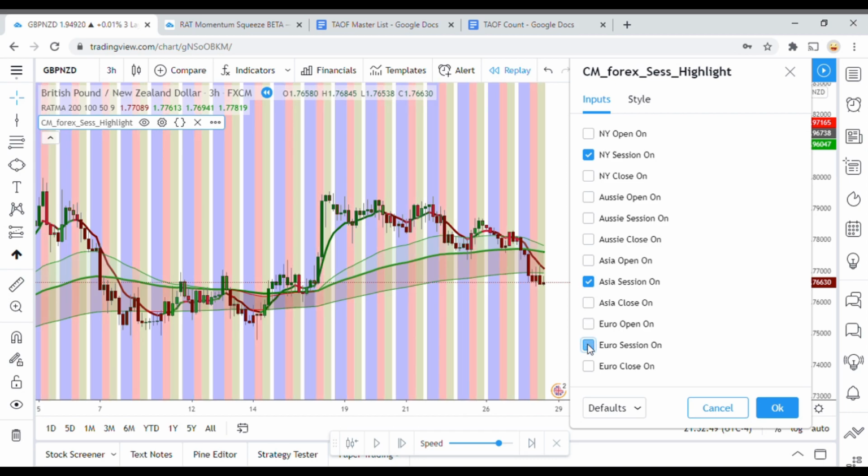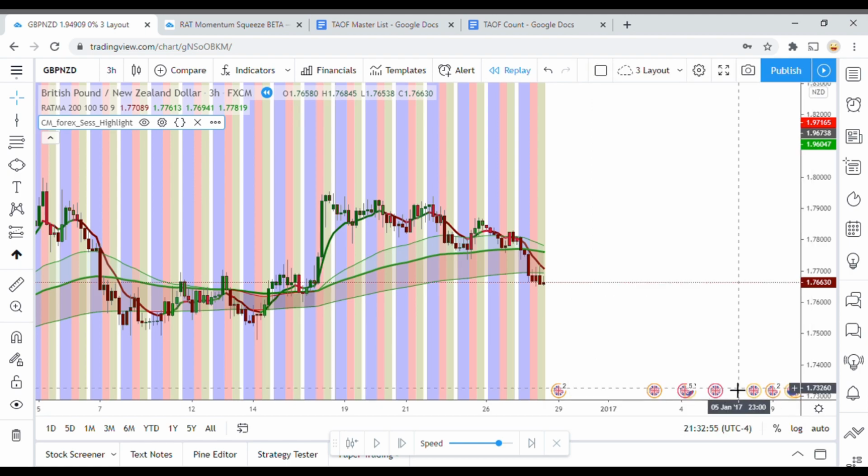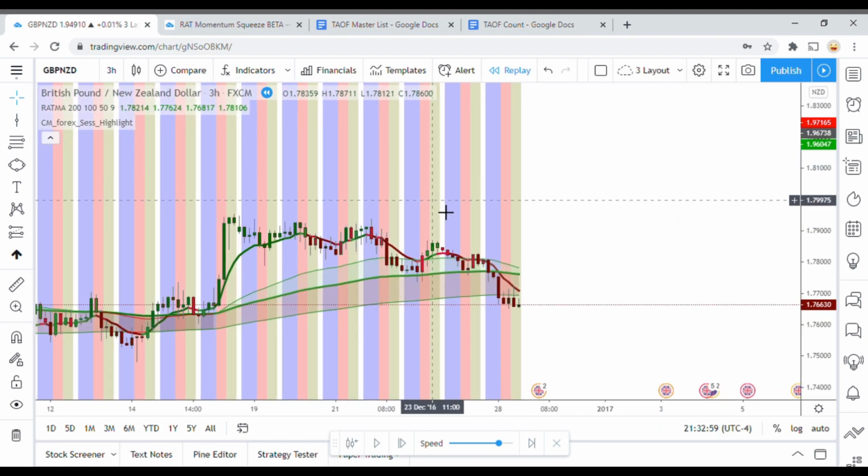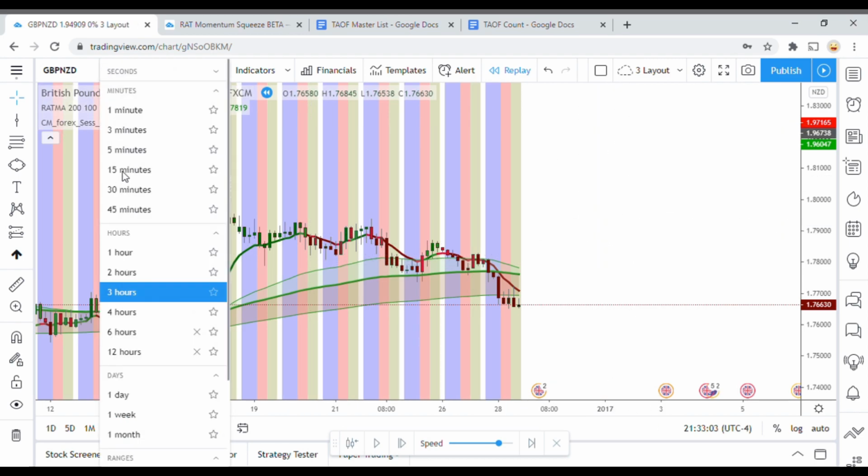If I turn off the Euro session, that is the pink, and the dingy gray is the New York session. And so you can have an indicator on chart that breaks up these different trading sessions.